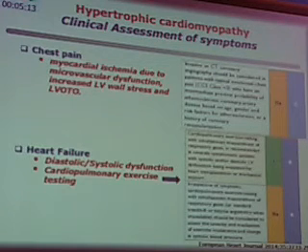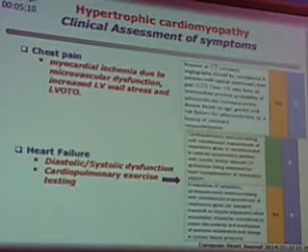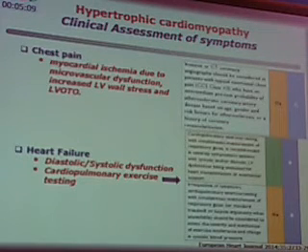Again here, our guidelines are saying that yes, you have the right, you even have the obligation, to ask your patient to be tested using CT coronary angiography if this patient fulfills certain criteria.